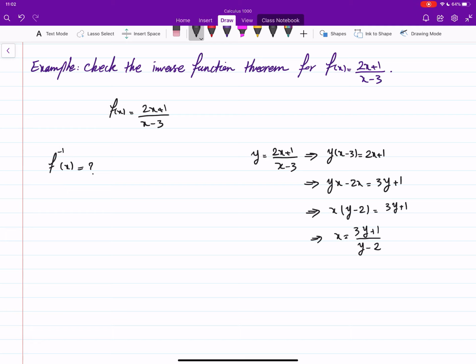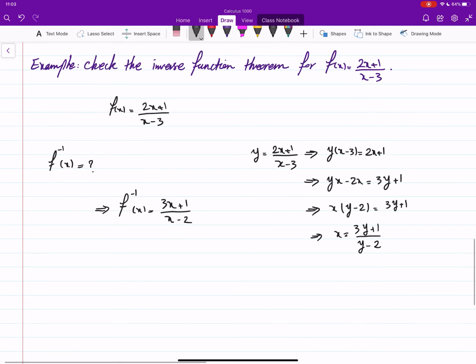Now we change x and y, and f inverse is going to be 3x plus 1 over x minus 2.